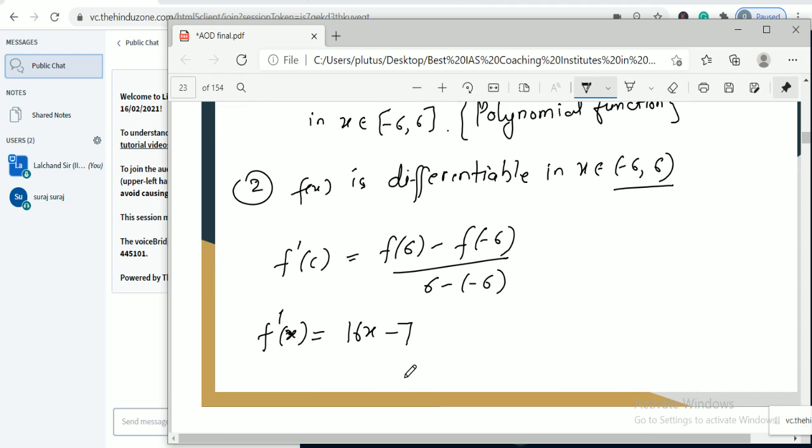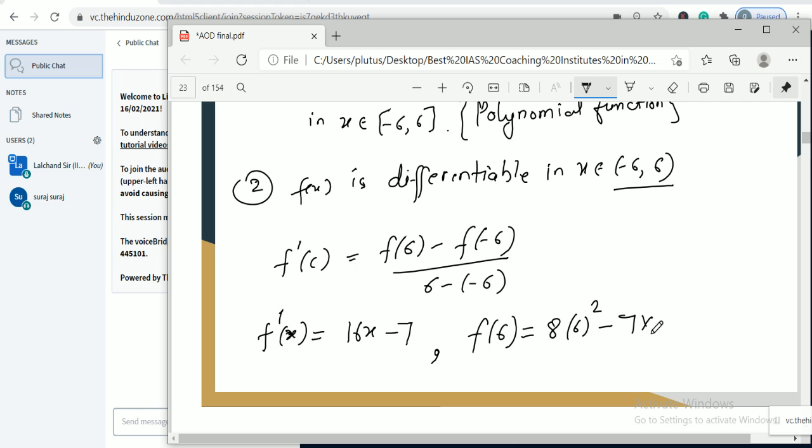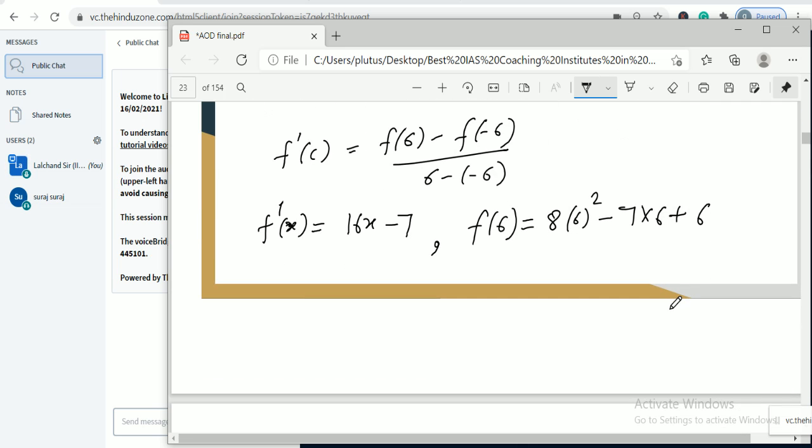And what is the value of f of 6? f of 6 will be 8 into 6 square minus 7 into 6 plus 6, isn't it? So we have 8 into 36 minus 42 plus 6. Can you tell me the value of f of 6?